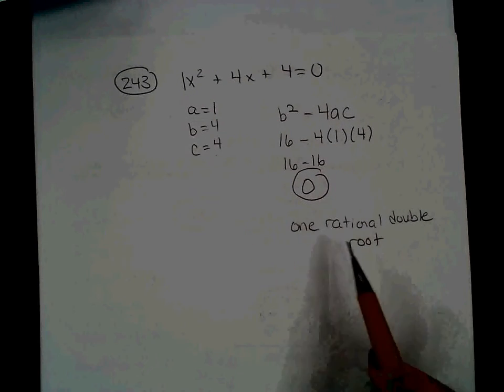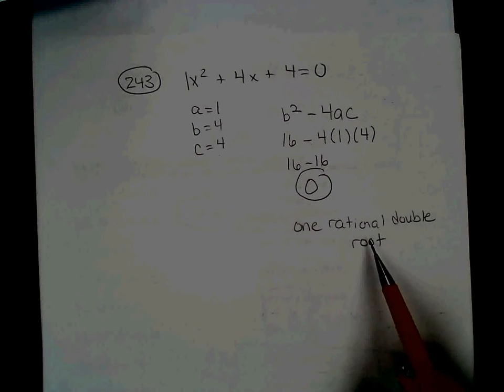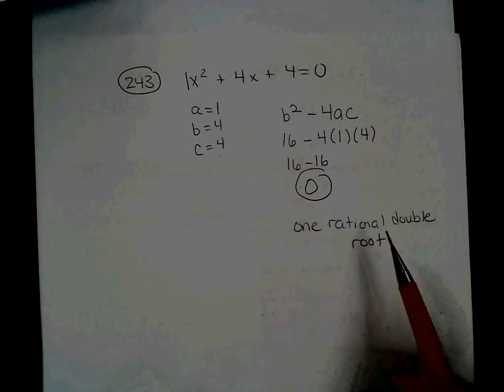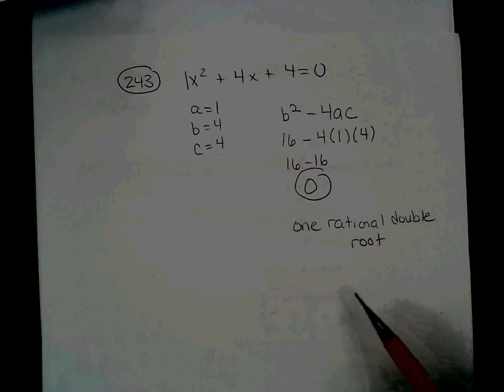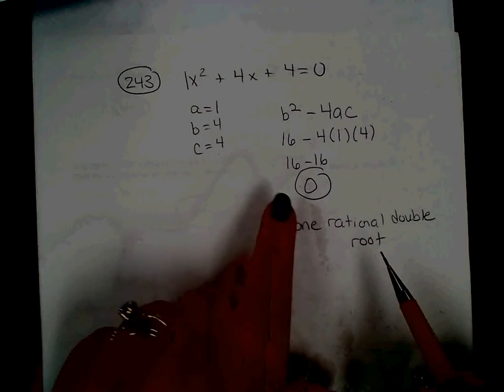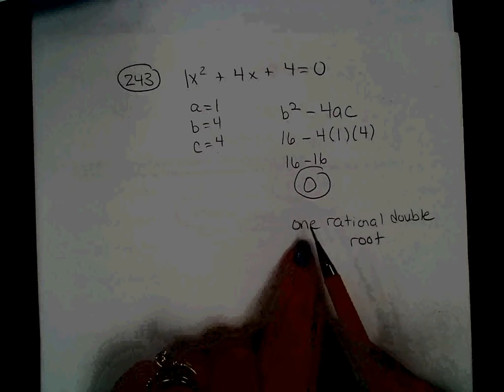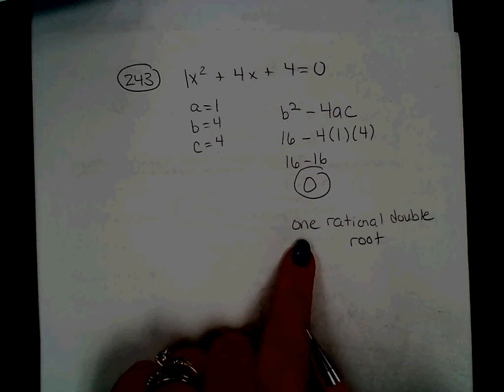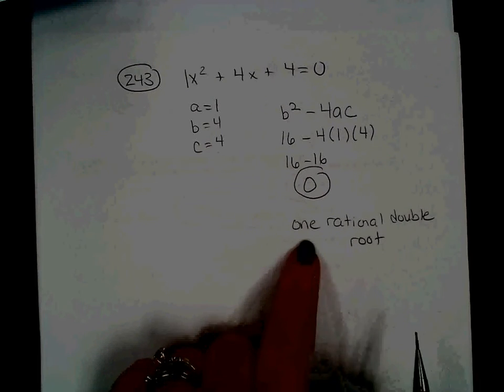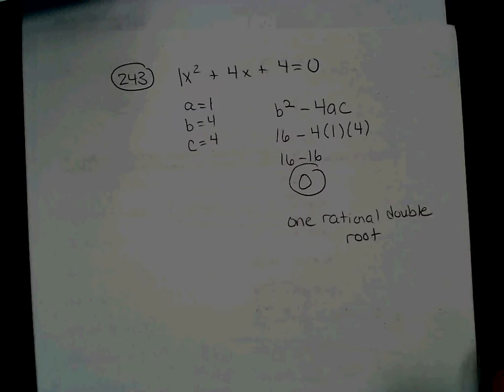And it just so happens that whatever answer you get, you're going to get it twice. So 243 is going to have one rational double root, and I can do this one in my head. The answer is actually going to be -2 twice, but one rational double root. So that was problem 243.